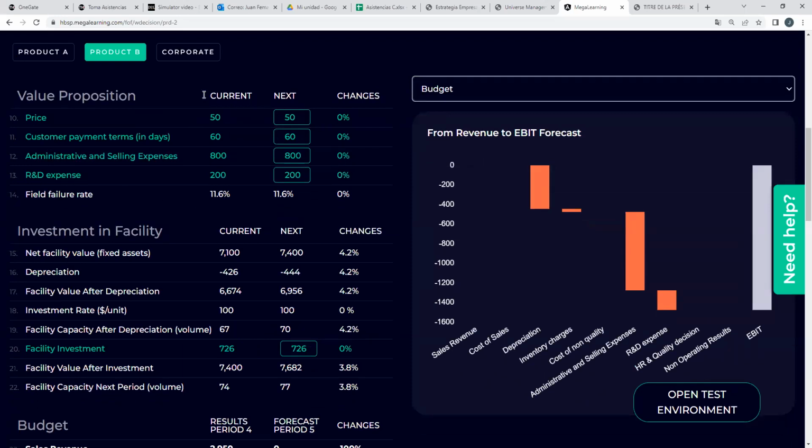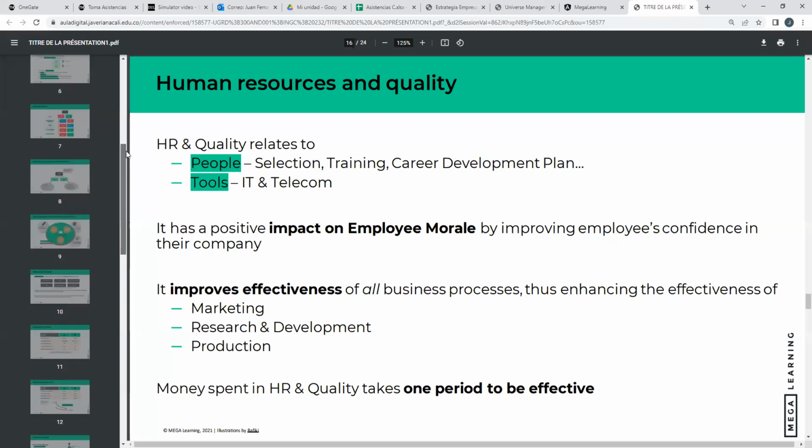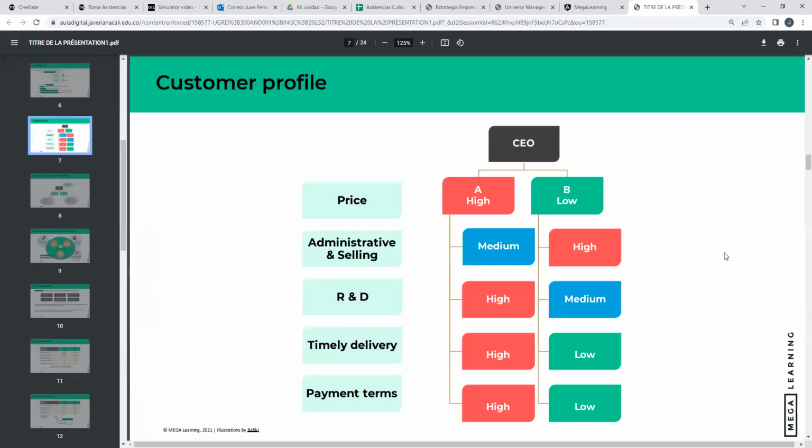And this value proposition is related to slide number 7. If you guys remember this slide has four variables. Time delivery is not a box that you are going to type, but price, administrative and selling, R&D, and payment terms are boxes for A and for B.